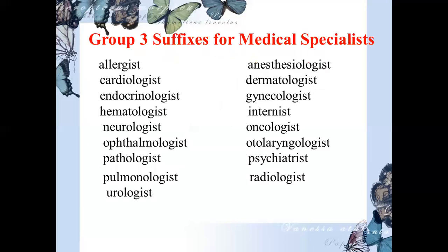Before we do exercise 5, let's go over a list of suffixes referring to medical specialists. So some specialists end with IST. Let me go over them one by one, from left to right, line by line. Allergist means a specialist in treating allergy.